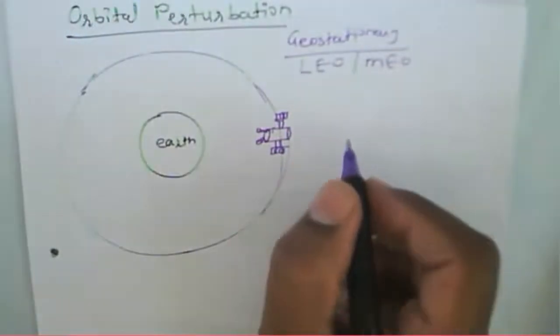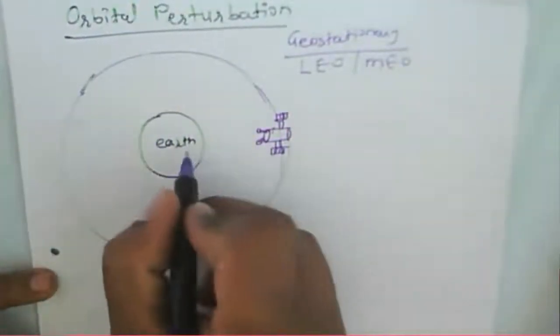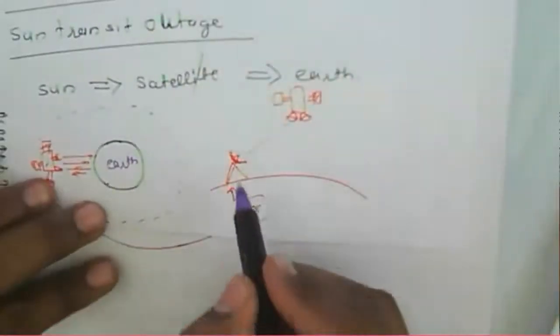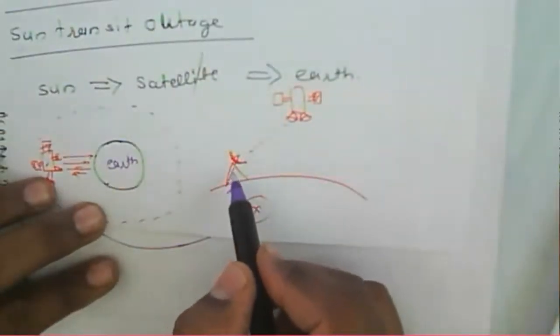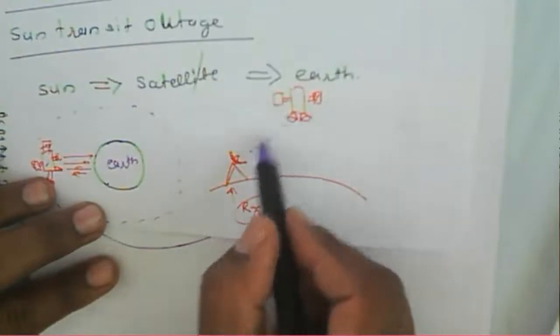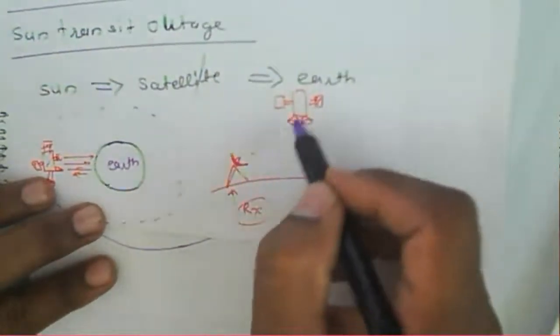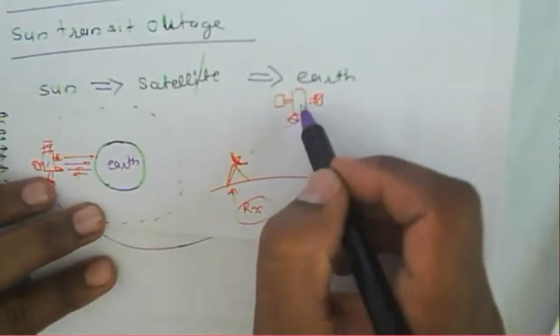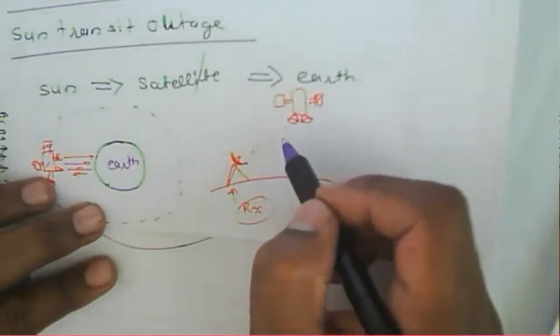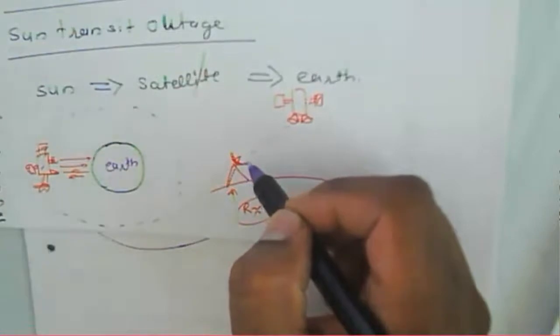So deviation means whichever path we have considered, from the satellite to the Earth. This one is the Earth station, which is fixed, and this one is the satellite. Suppose a geostationary satellite is stationary from this point.